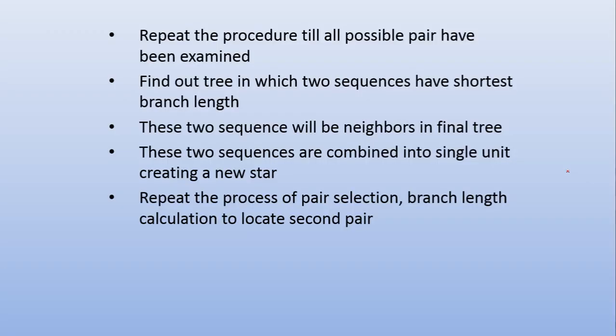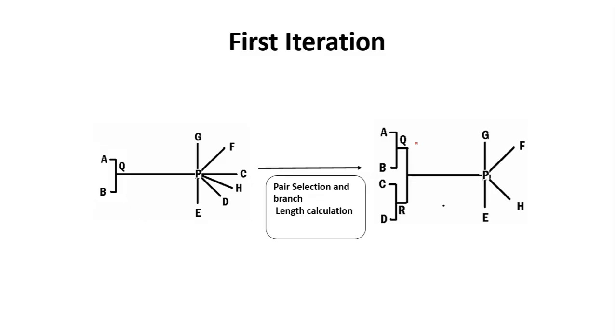What you would do is identify this A and B as the final neighbors in your phylogenetic tree, and you would permanently attach them to the second internal node. So this would be the final neighbors in your phylogenetic tree.